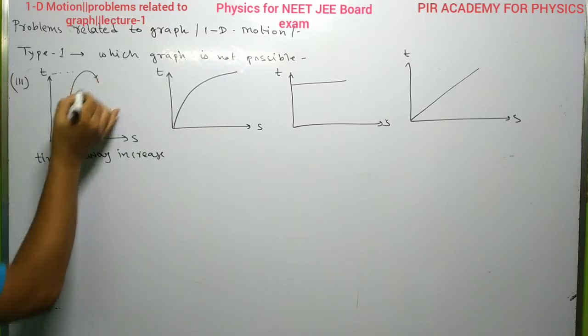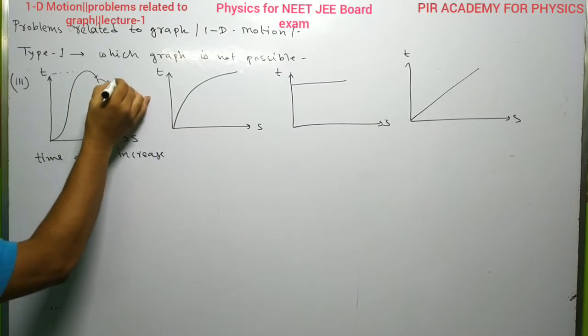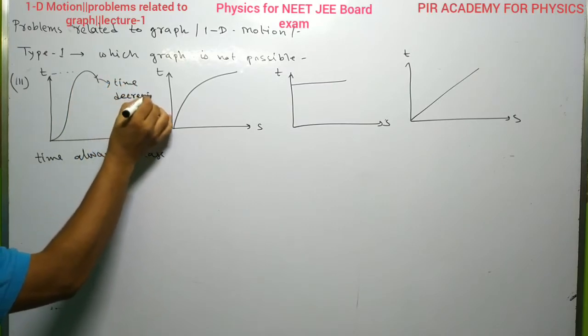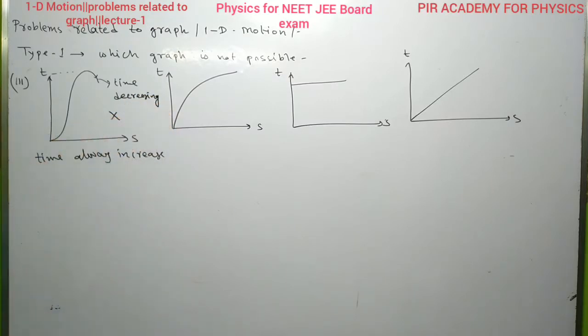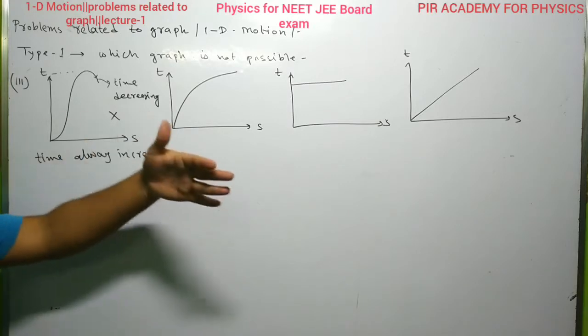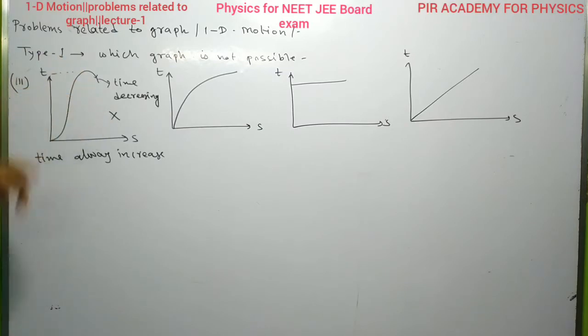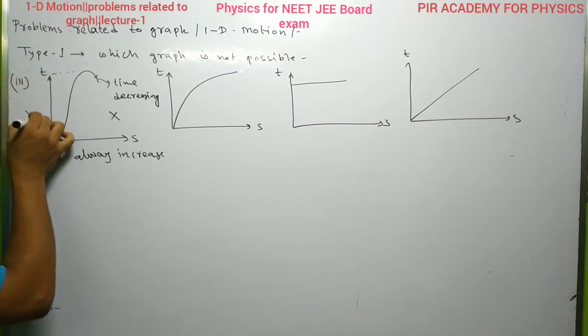Here time is decreasing. So it is not possible because time cannot decrease. It is always increasing. So here you see that the time is decreasing, so this graph is not possible.